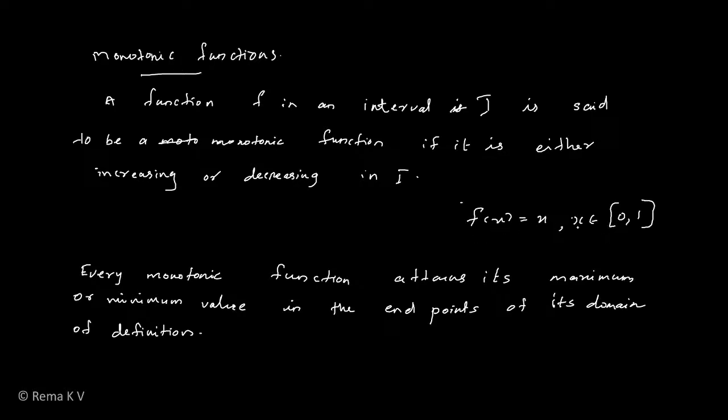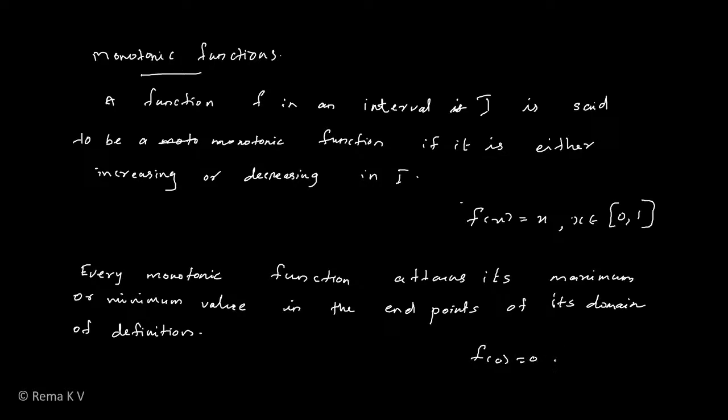For example, let us consider this one. This is a monotonic function. If we put x is equal to 0, f of x is equal to 0. Okay, f of 0 is equal to 0, which is less than all other f of x.